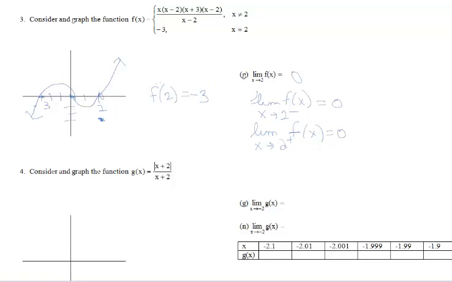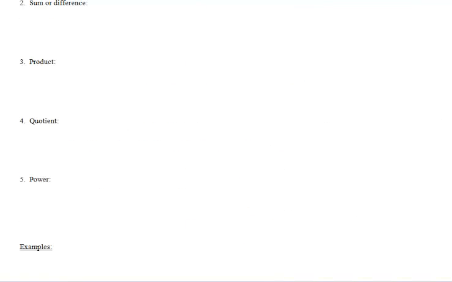So the functional value is -3, the limit is 0. These two are not the same, and in the near future, we're going to see that when the functional value does not equal the limit, there has to be some type of discontinuity, so our graph would not be continuous. All right, let's get example 4.